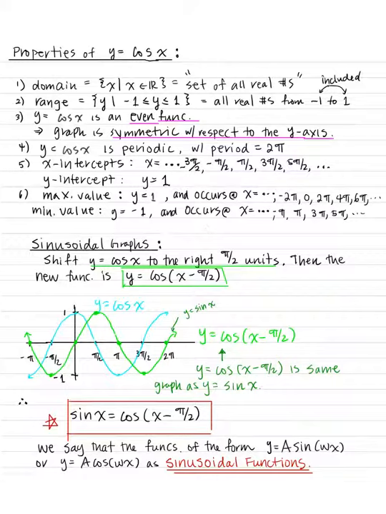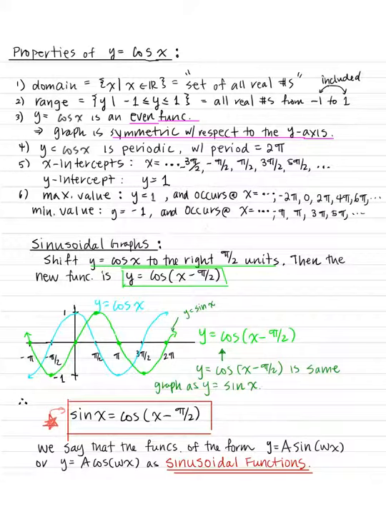And then y equals cosine of x minus pi over 2. All right, so notice that when I shift the graph to the right pi over 2 units, do you see that? What I meant to say is if I shift the cosine graph to the right pi over 2 units, do you see that that's exactly the same thing as the sine graph? So therefore, this property is true. So let me just write it right here. This property right here, sine of x is nothing but cosine of x minus pi over 2.